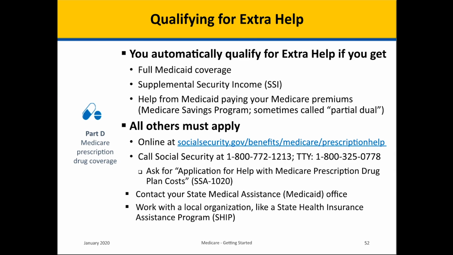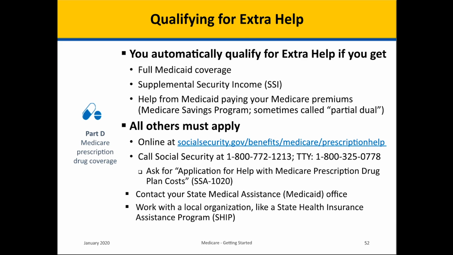You automatically qualify for Extra Help and don't need to apply if you have Medicare and get full Medicaid coverage, sometimes called full duals. You automatically qualify if you're receiving SSI or you're getting help from Medicaid paying your Medicare Part B premiums under the Medicare Savings Program.